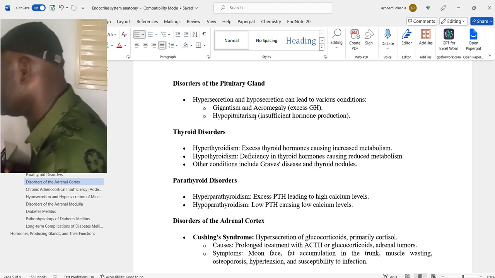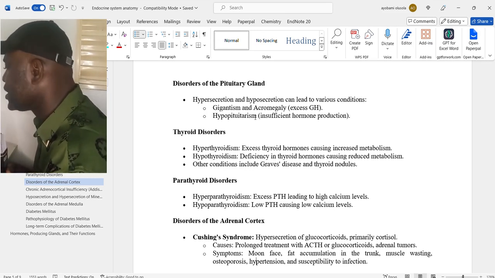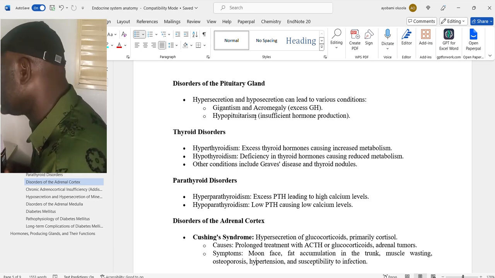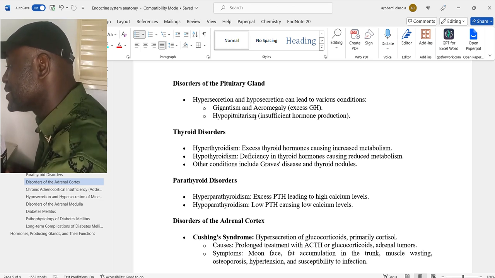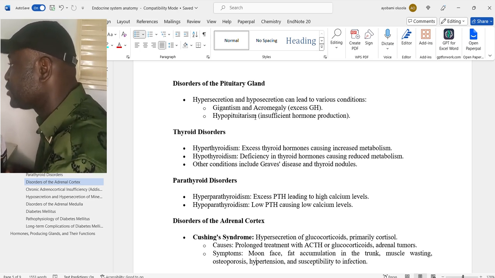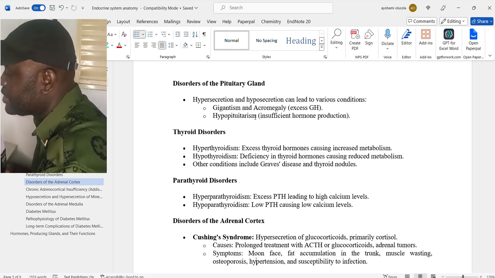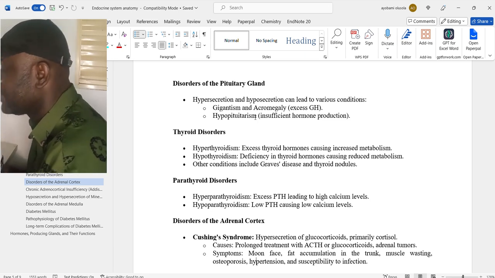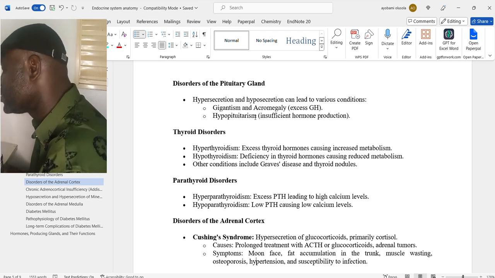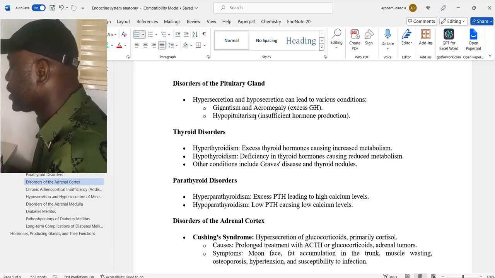For thyroid disorders, we discussed them earlier. We said that hyperthyroidism means excess thyroid hormone production, and this can increase metabolism, increase heart rate, cause heat intolerance, and so on. Then hypothyroidism means deficiency in thyroid hormones, and it causes reduced metabolism.